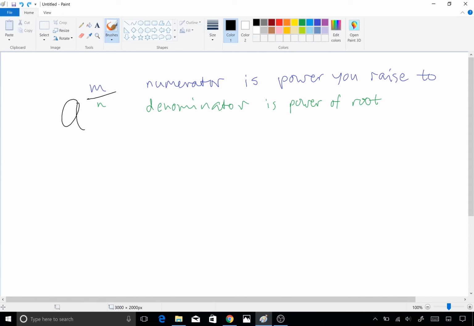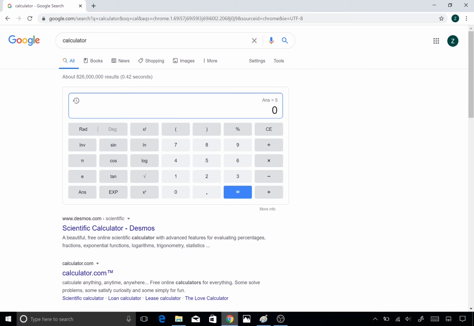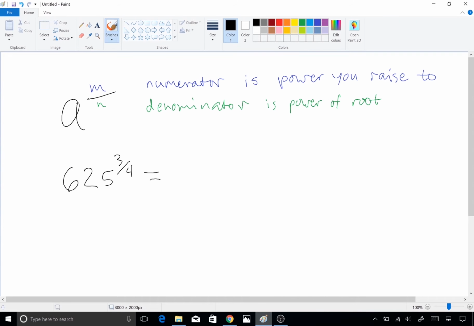Let's try another. What is 625 to the 3/4? Well, 625 to the 1/4 is 5, and then we would cube that to get 125.